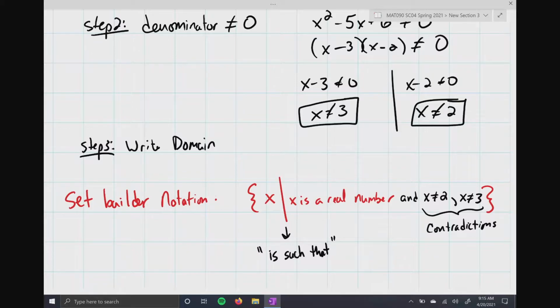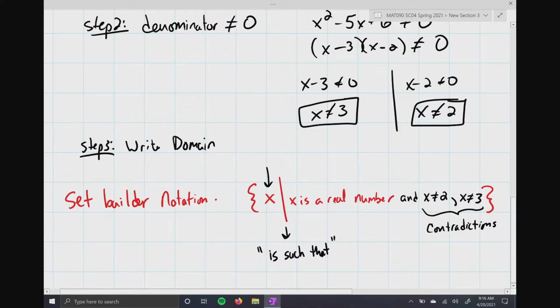And what we've just identified there is our domain. The domain is telling me the variable is x, and it could be any real number that I want it to be, but I'm not allowed to choose 2 or 3. Does that make sense, everyone? Is it pretty straightforward?